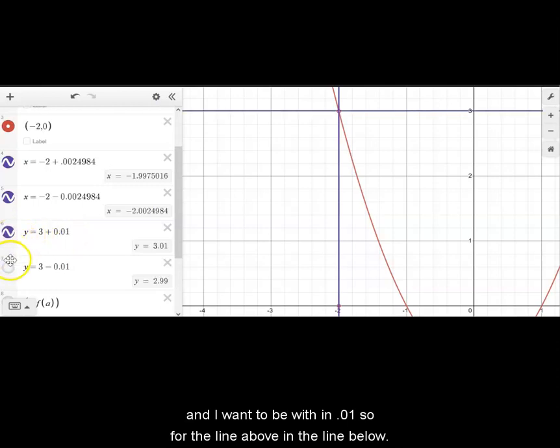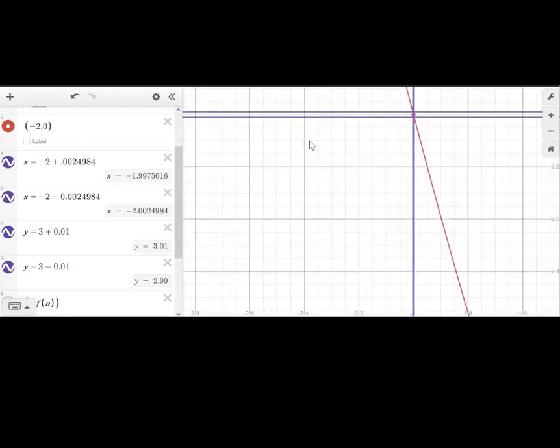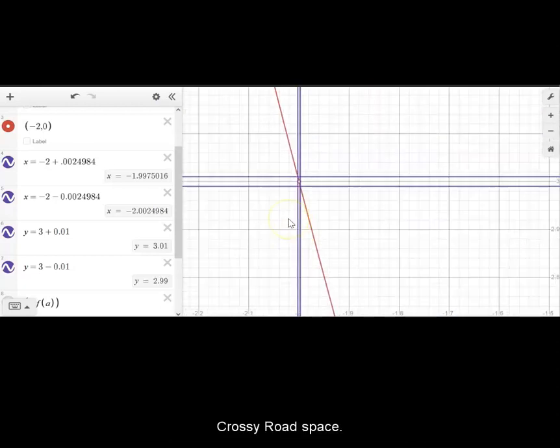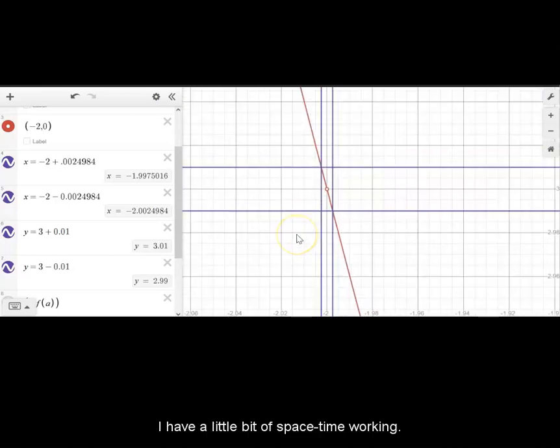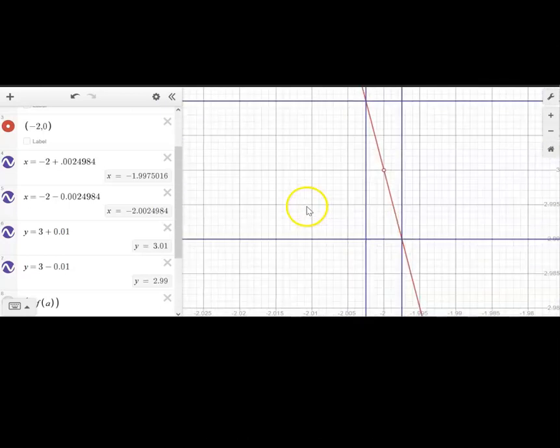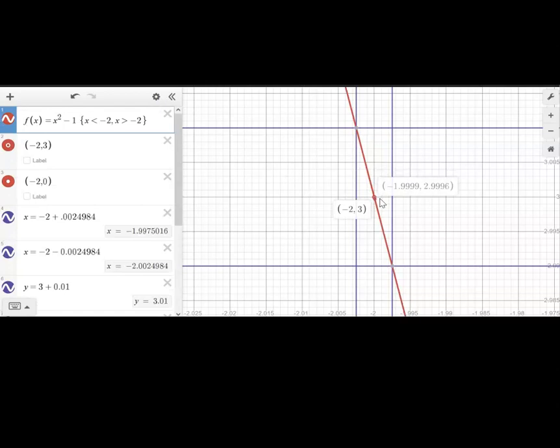So I'll put a line above and a line below. So now I have crosshairs, basically. I have a little bit of space that I'm working in. This is my limit that's undefined. It should be -2, 3, but as you can see here, it's undefined.